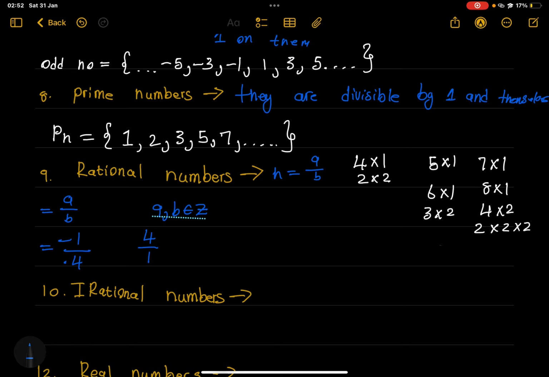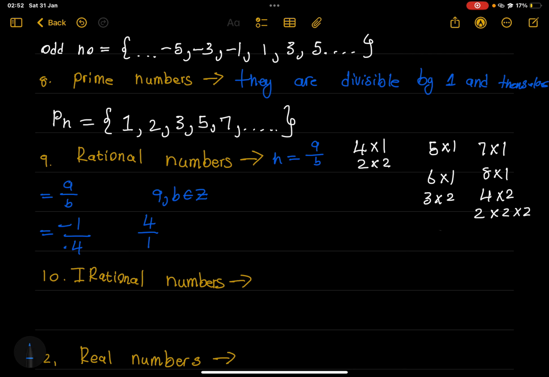So that basically means all integers are also rational numbers because they can be written as a fraction. Understand? 4 is an integer which can be written as a fraction, 4 over 1. But if you check this, the value of B can never be equal to 0, because if it becomes 0, it becomes undefined.